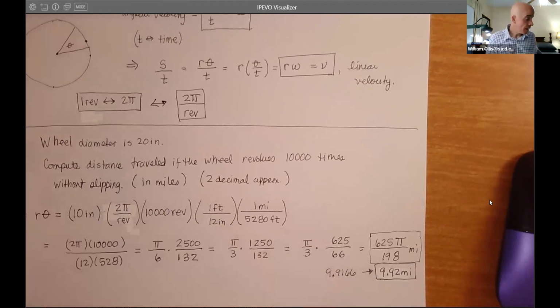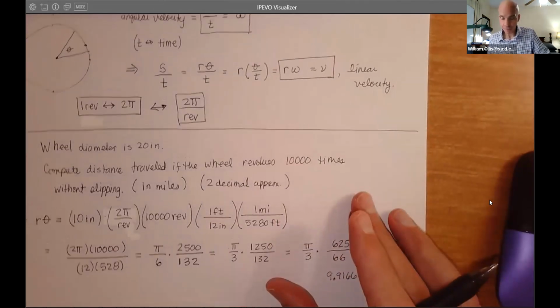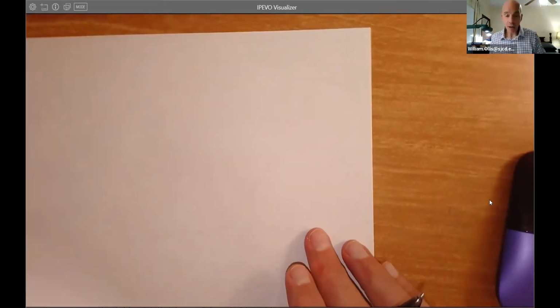Now, there's another example here that's of similar nature that I want to just say a little bit about. This is just using the basic ideas of circular motion. So here's another example.